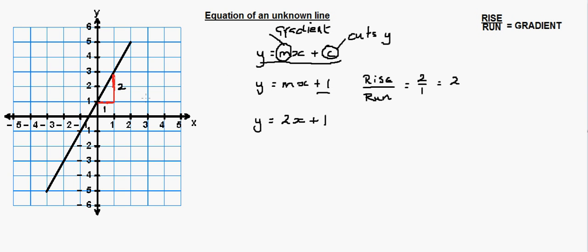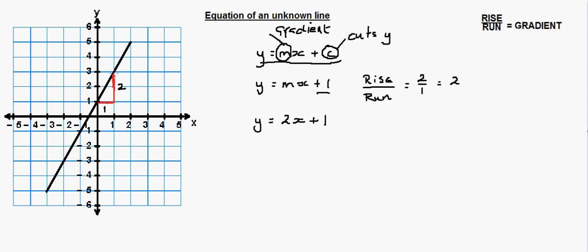Up here we've got this little equation: rise over run will give you the gradient. So what I always do is I go to where it cuts the y-axis and I come out 1 square, and then I go up until I hit the line.